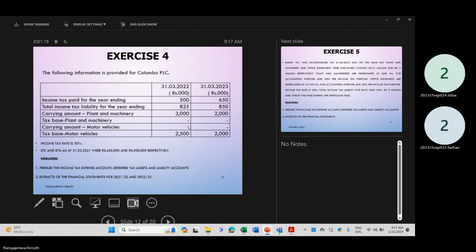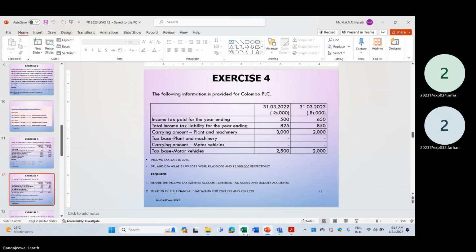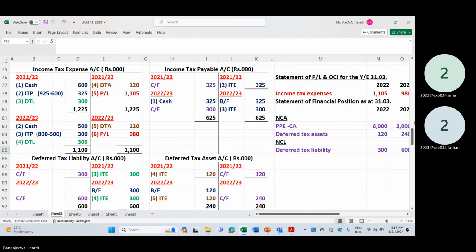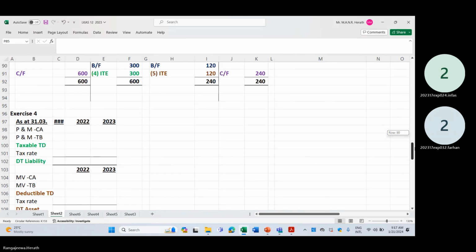Taxable or deductible. Plant and machinery, first year, 2022. Carrying amount 3,000. Tax base 0. So difference 3,000. Carrying amount greater than tax base means it is taxable. Multiplied by the tax rate, you can find the deferred tax liability. So we can have it like this.